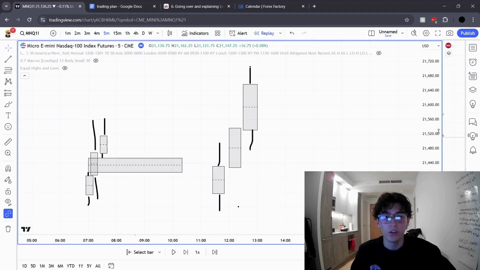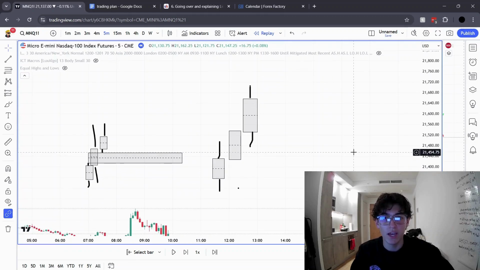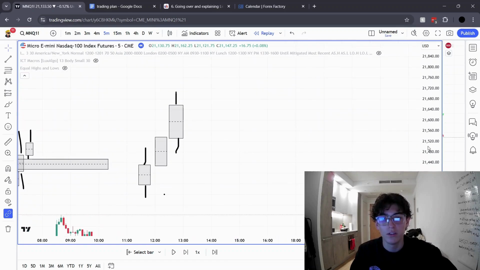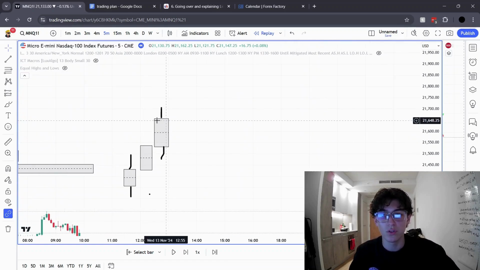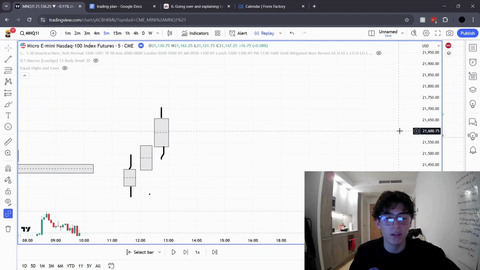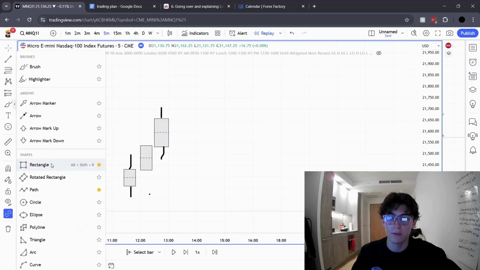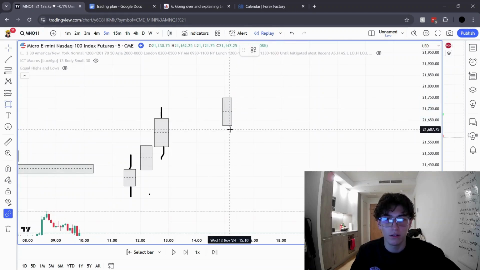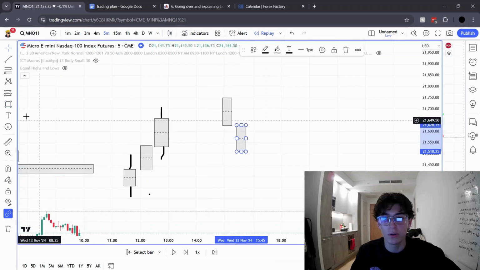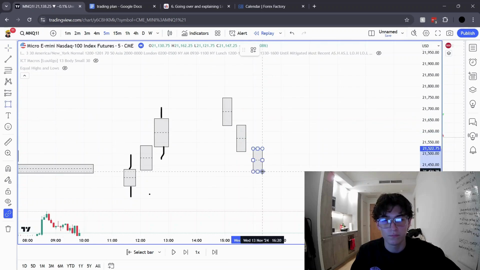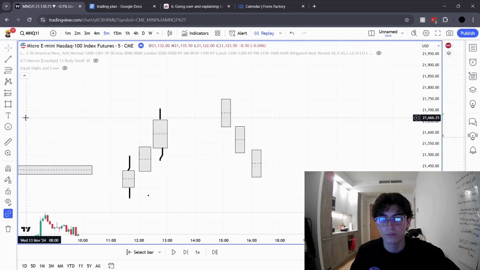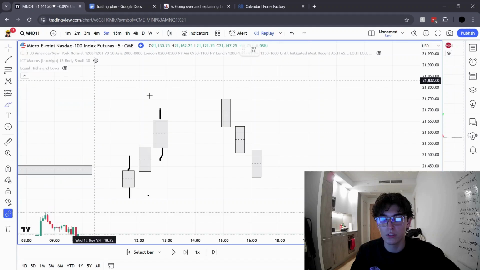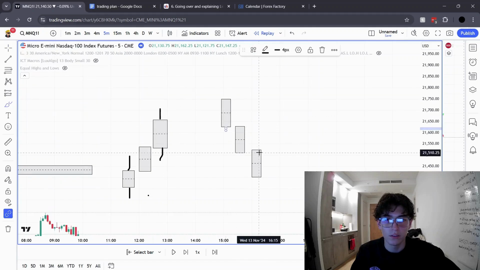Now, if you're looking for bearish gaps, it's obviously going to be the opposite. So I'll show you guys examples of fair value gaps to the downside. It would look something like this, where you have one candle there. These are all going down. And their wicks would look, let's say, something like this.